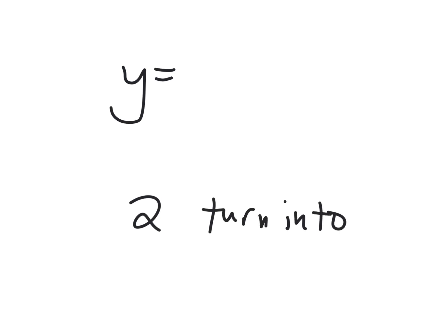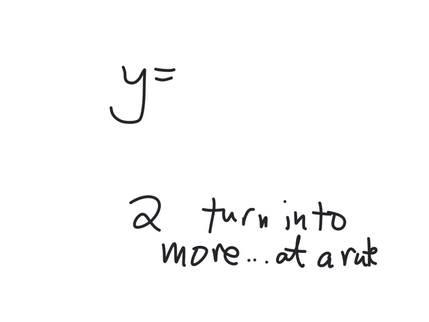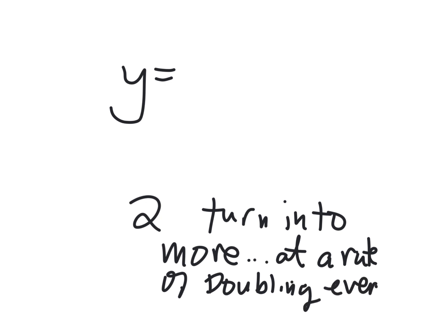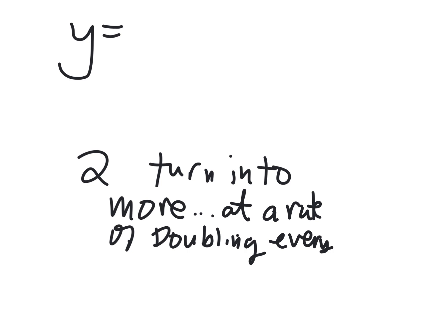So we're going to start with 2 sloths, a male sloth and a female sloth, and you're going to get 2 to turn into more at a rate of doubling every 3 years. That's really slow.